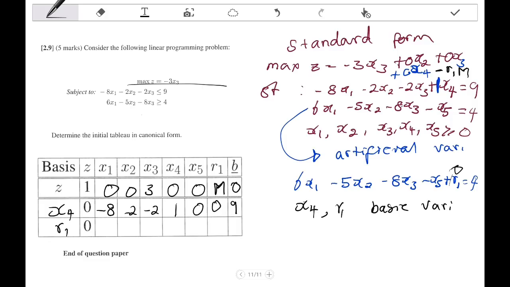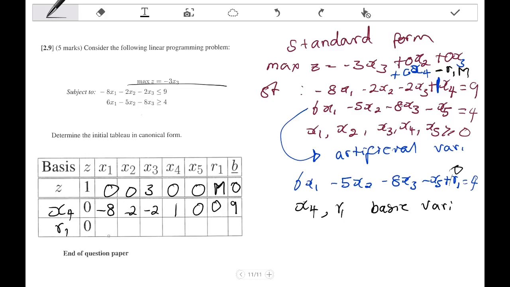The last one is the one in canonical form. Be careful, don't take the one that is in standard form. Take this one, because they said you have to write the problem in canonical form.